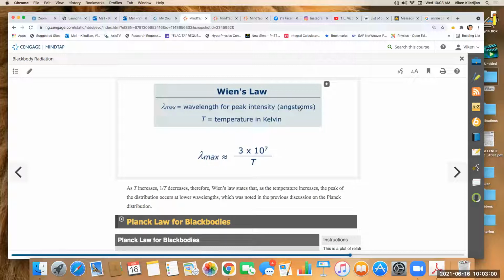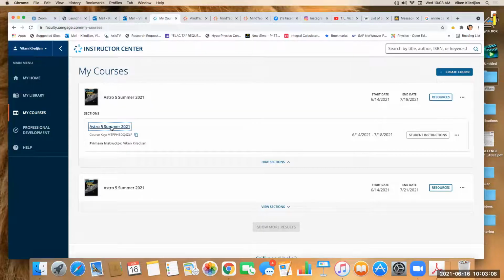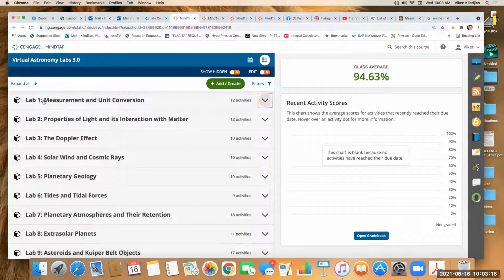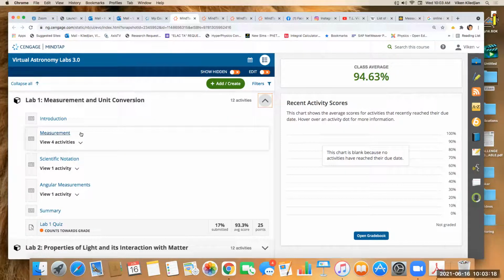By the way, if you forgot units like micrometer, nanometer, angstrom, you can go back to the first lecture, where they introduced units.